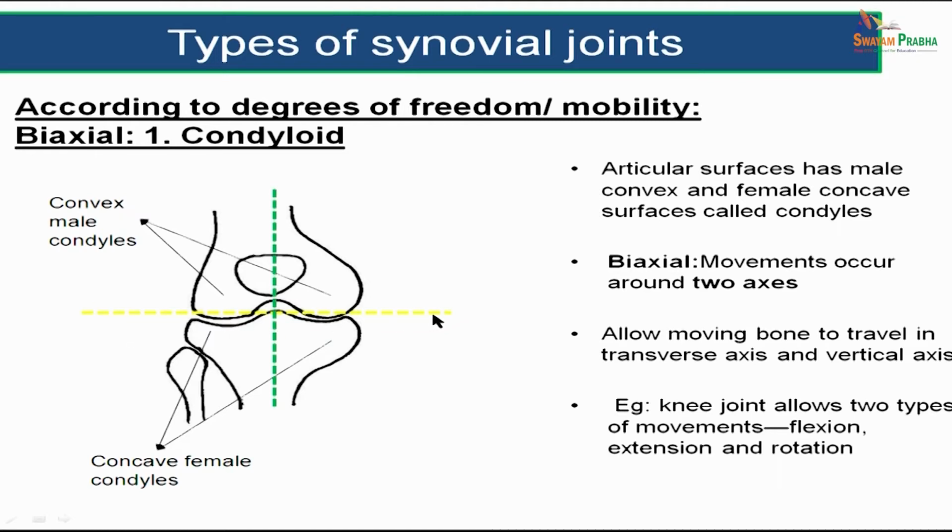So, we can see one axis and we can see another axis. So, the movement occurs along a transverse axis and a vertical axis. Examples of such joints are the knee joints, which allows two types of movements: flexion and extension in one and rotation in the other axis.